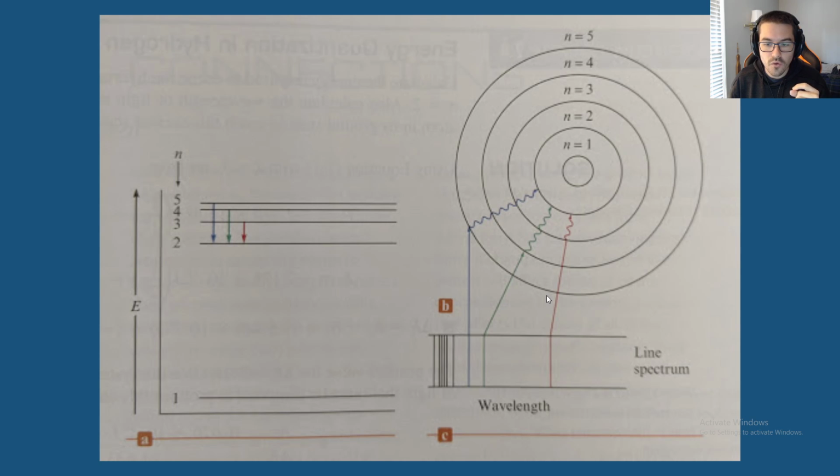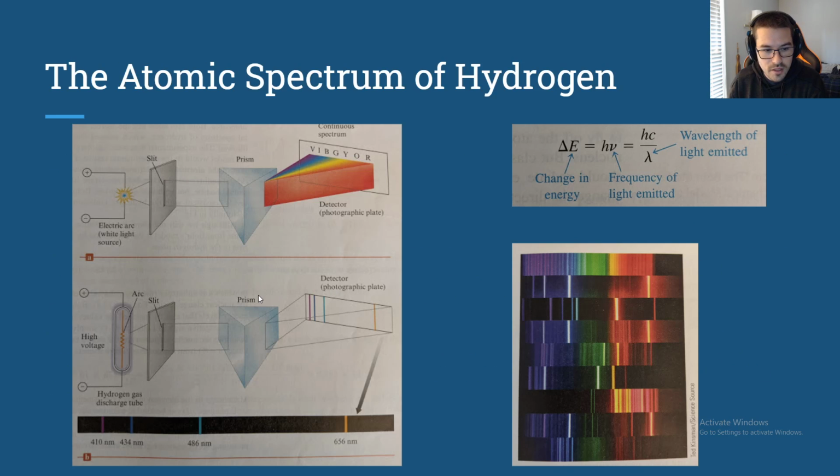So what really happens here is that electrons of hydrogen absorb energy and become excited. The electrons then fall back down to their original state. In doing so, they release energy, and that energy is in the form of some color. It's these specific 4 colors that we see every single time for hydrogen.